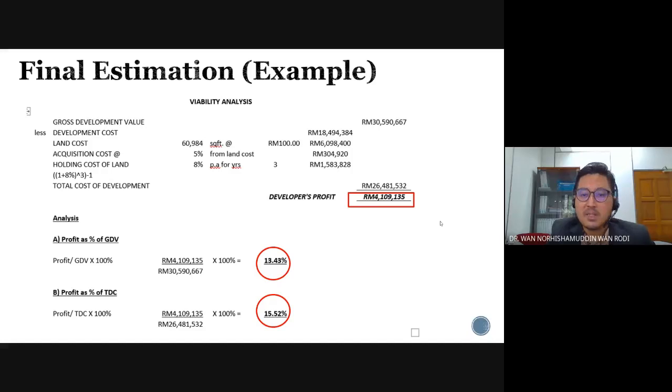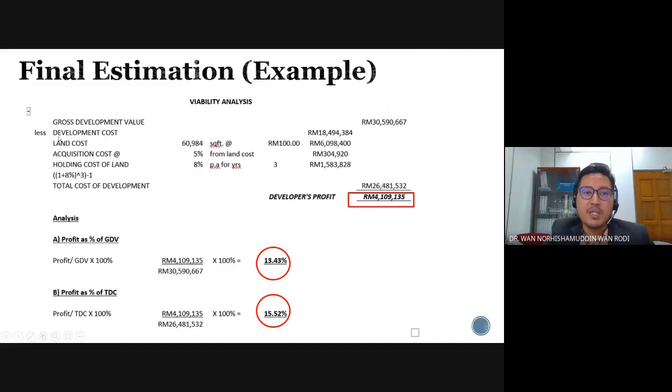Okay, last calculation. Once you have tabulated your calculation and have a complete working out of the GDV and TDC, last but not least, you need to extract all the data that you have calculated and put it inside the viability analysis.